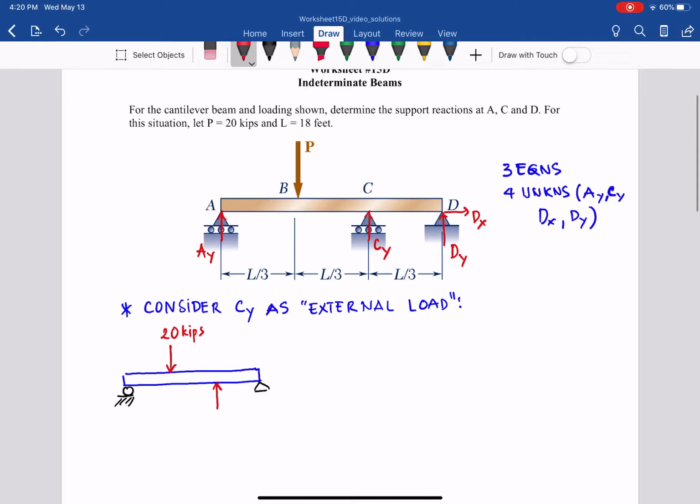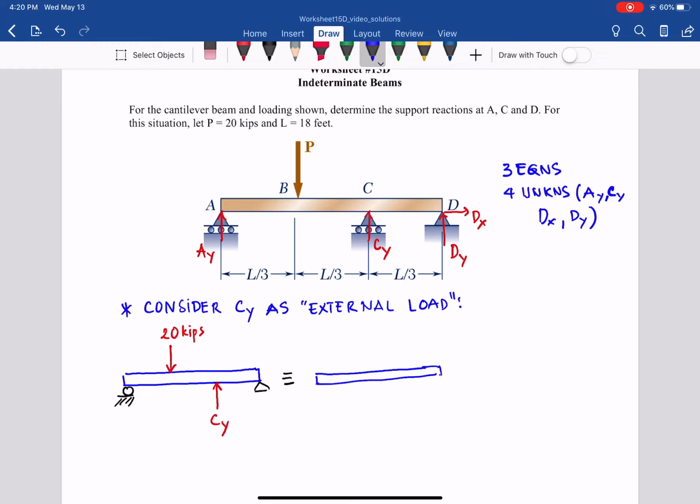Considering the external load, you have CY in here. So that one is equivalent to, using superposition, 20 kips plus CY for that beam.